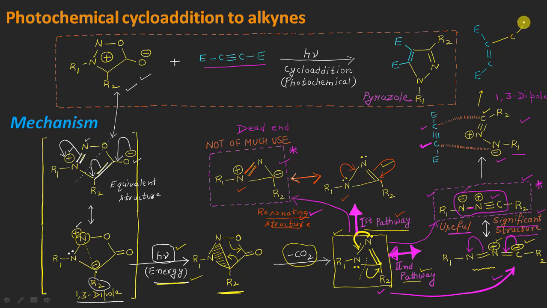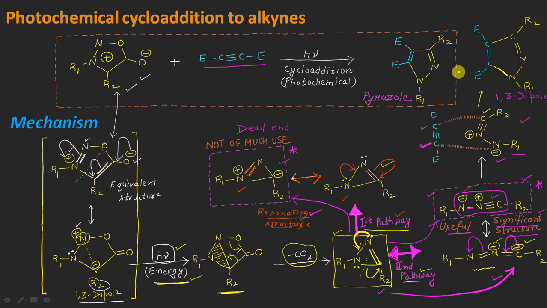Let me show here in this way, having R2. This will now become a double bond nitrogen, a single bond nitrogen, on which initially the negative charge was present, but now a bond formation will be there in between this nitrogen and this carbon atom. So let me show here the bond formation in between this nitrogen and this carbon here, and it is also having the R1 group here, right?